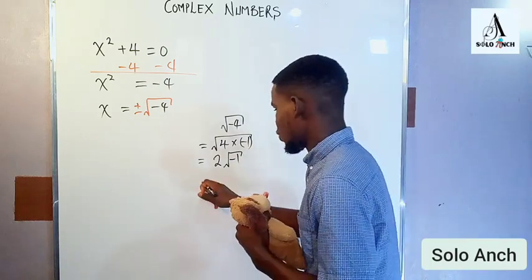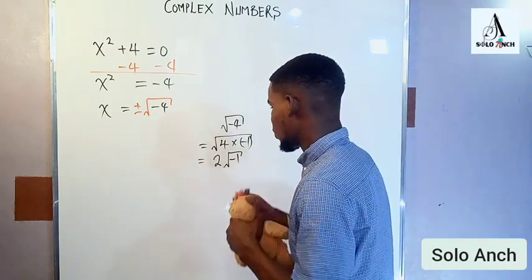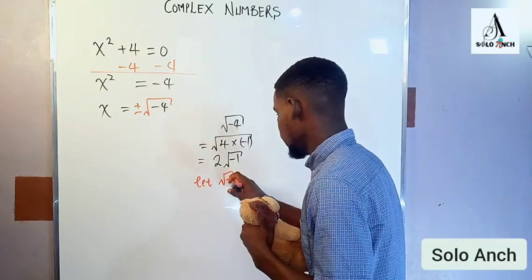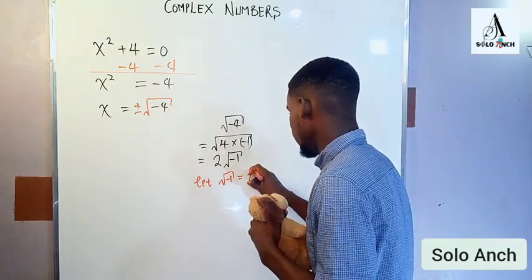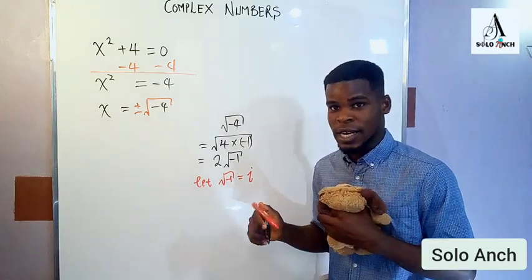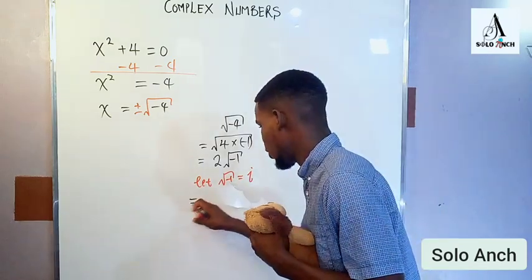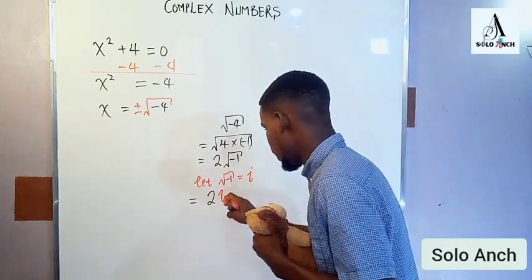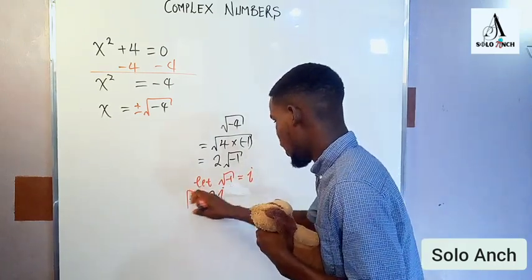So in this case, let's do something. Let the square root of negative 1 be, let's just give it a name, call it i. So in that case, this will now become 2 times the square root of negative 1, but we are just calling it i, so this becomes 2i.